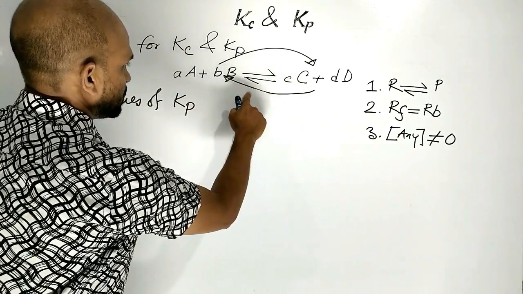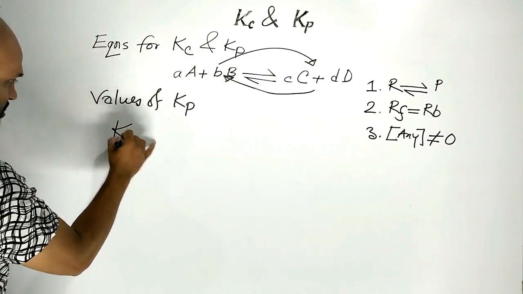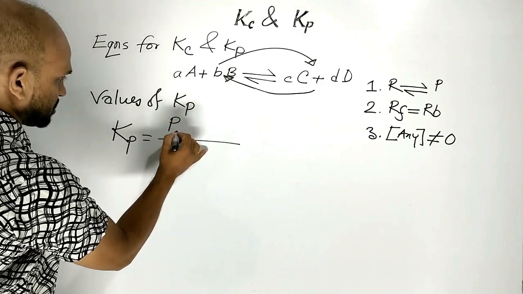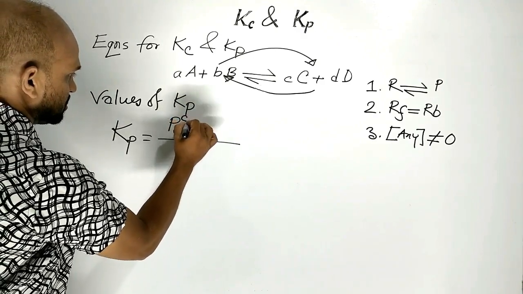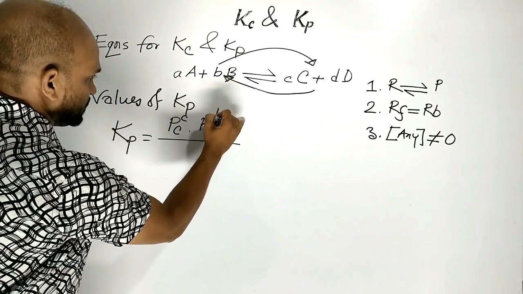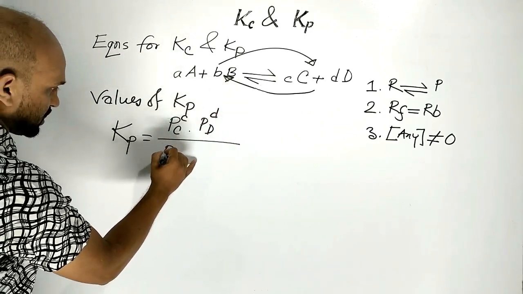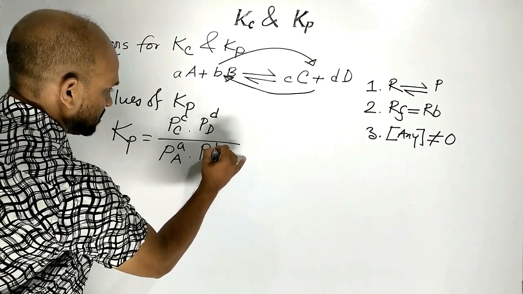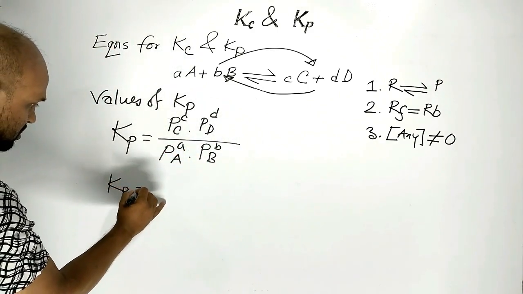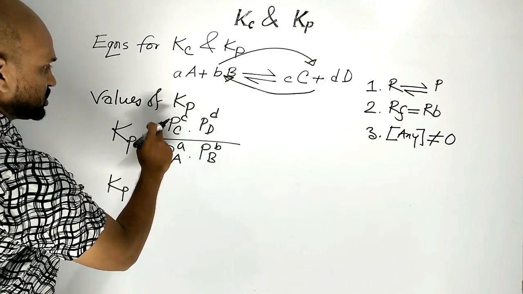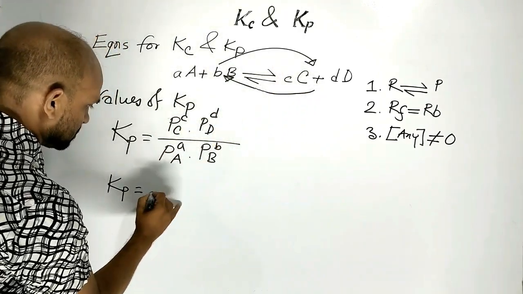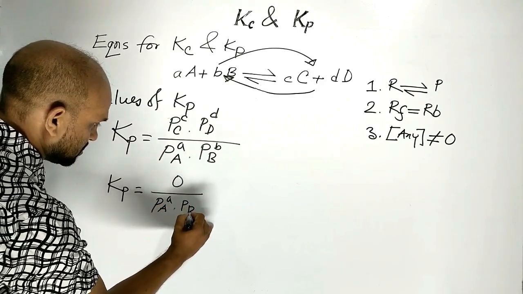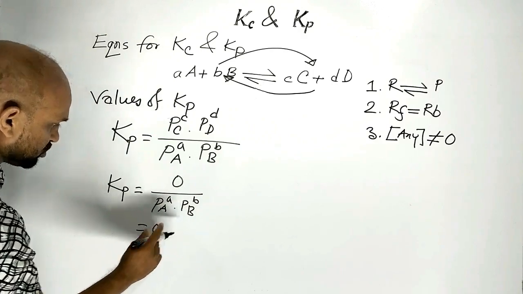When these components are in gaseous state, then Kp is equal to, according to law of mass action, partial pressure of C into partial pressure of D divided by partial pressure of A into partial pressure of B. When the product of the partial pressures of the products is zero, then Kp is equal to zero.